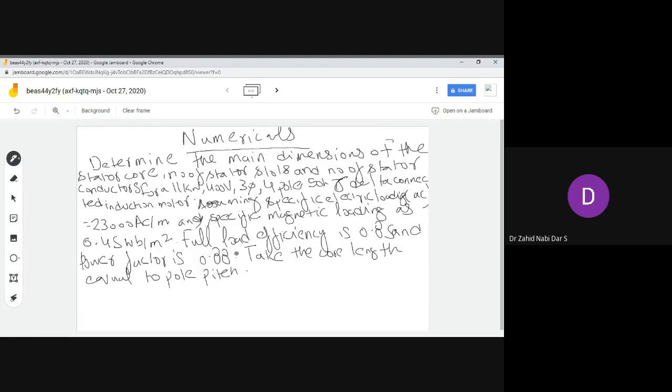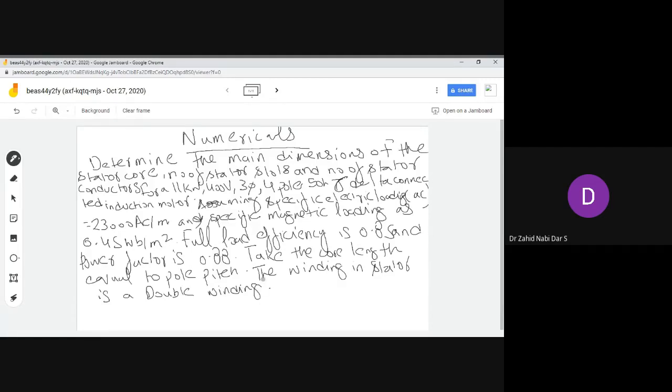And the stator winding, I told you about the single layer and the double layer winding. The winding in the stator is a double layer winding. So this is the question, and we end the question here.